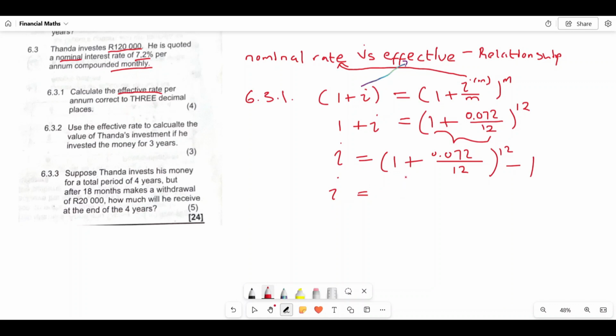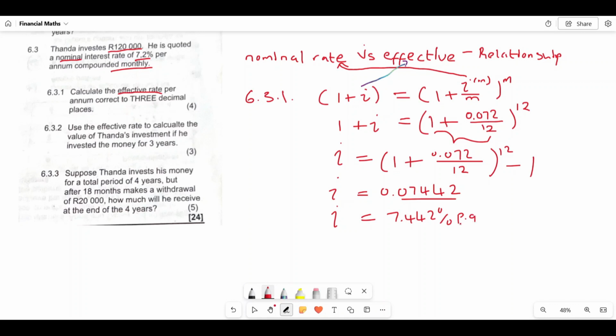So that gives me 0.07442. So this is equal to, if you multiply this by 100 to get the percentage, 7.442% per annum.